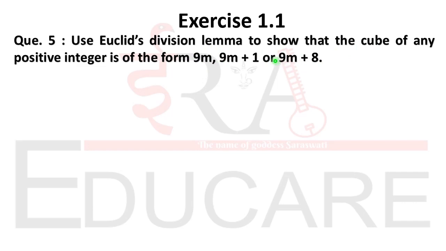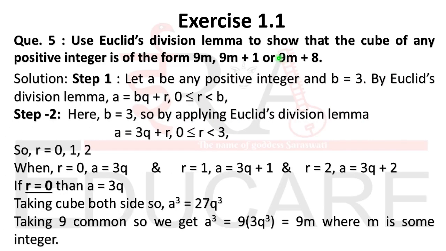So remember friends, you do not use the 9 here, b is equal to not 9, but we use 3 only. Why? Because 9 is a multiple of 3, so 9 is a non-prime number, so we use a prime number. So 3. So b is equal to 3.